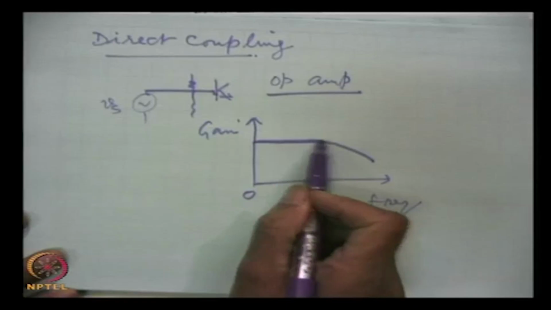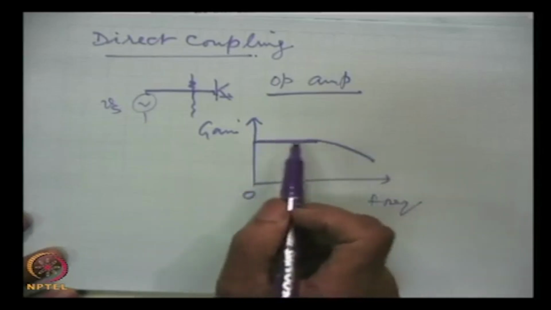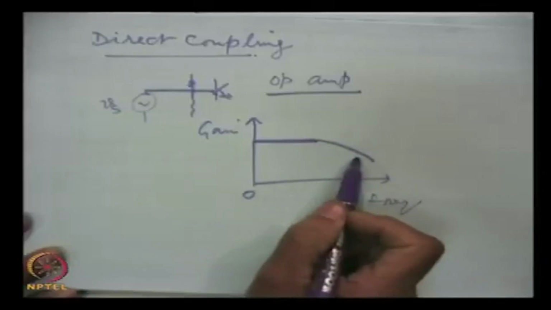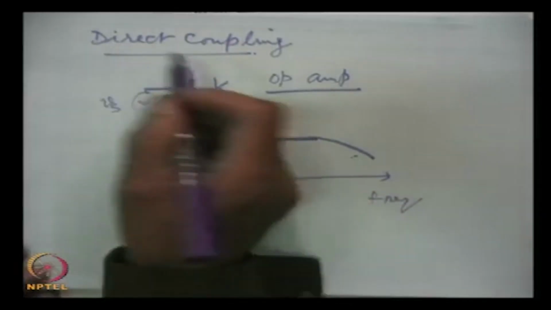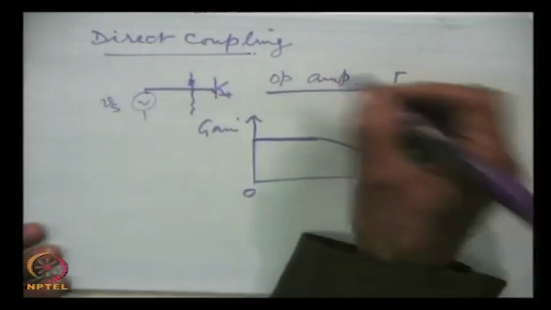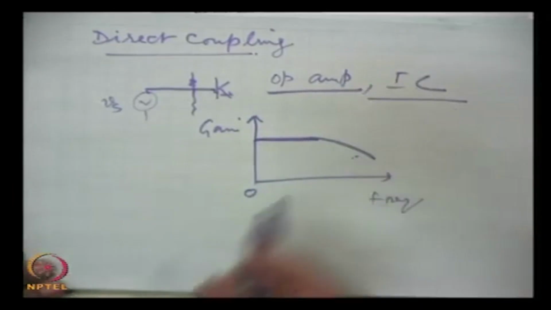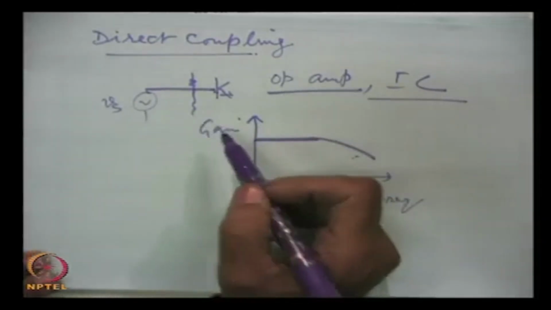The upper cutoff falls, if you remember, because of the junction capacitances, and whether we use a bipolar transistor or a FET, this is always there. So, in ICs, and operational amplifiers are also in IC form, integrated circuits and op amps make use of direct coupling.